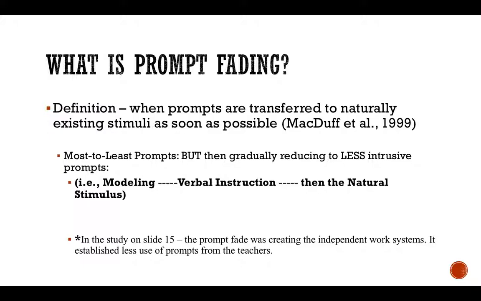So you're transferring the prompts, but you're also doing it as soon as possible, transferring it to the natural existing stimuli. Most to least prompts, but then gradually reducing, still as soon as possible, to least intrusive prompts. For example, modeling something, going just to verbal instruction on how to do it, and then, of course, just to the natural stimulus.